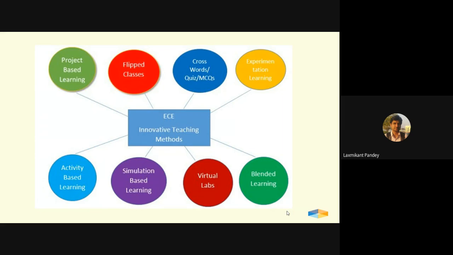So the second last is the virtual lab. Now this virtual labs concept is gradually evolving after the COVID era. There are certain interior villages where there is no sufficient equipment. They don't have ample funds, and they don't have a sufficient number of labs or equipment.